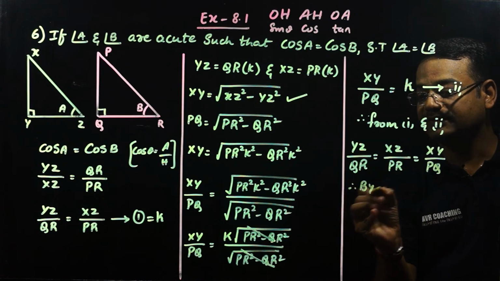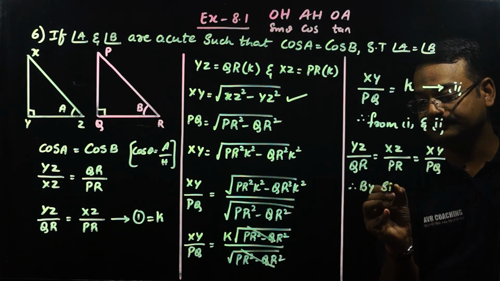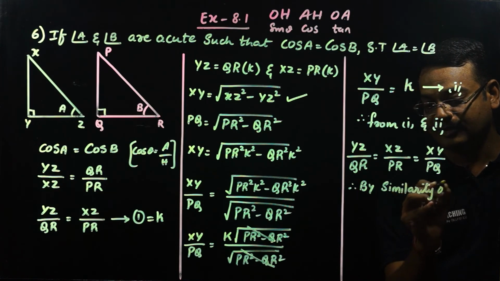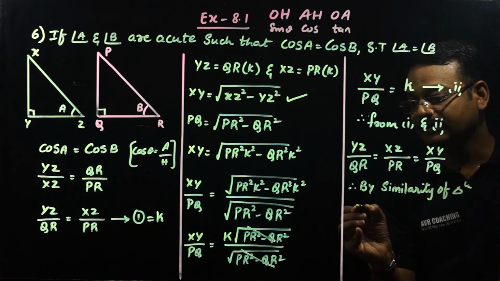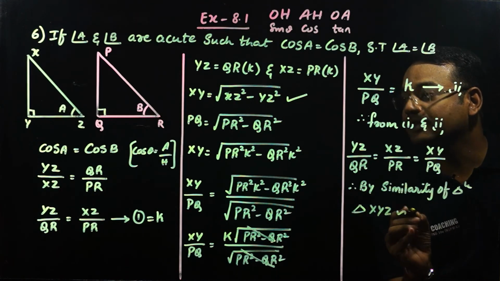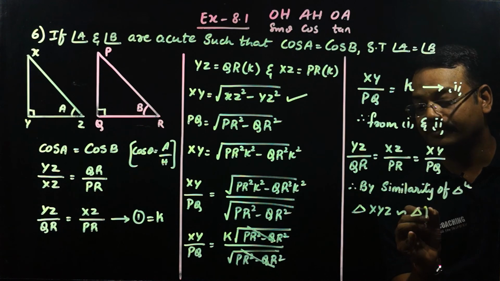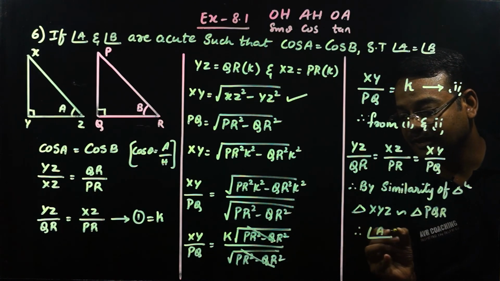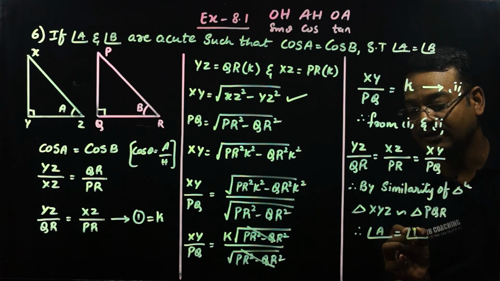Therefore, by similarity of triangles, triangle XYZ is similar to triangle PQR. Therefore, angle A is equal to angle B.